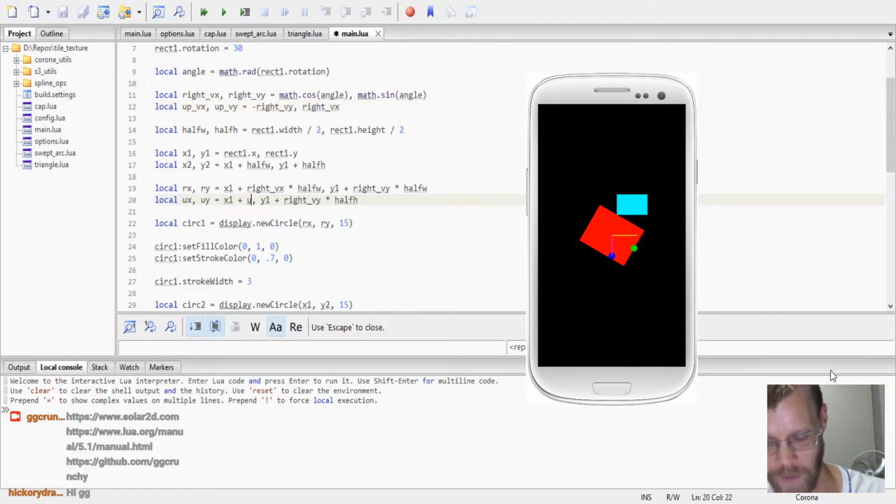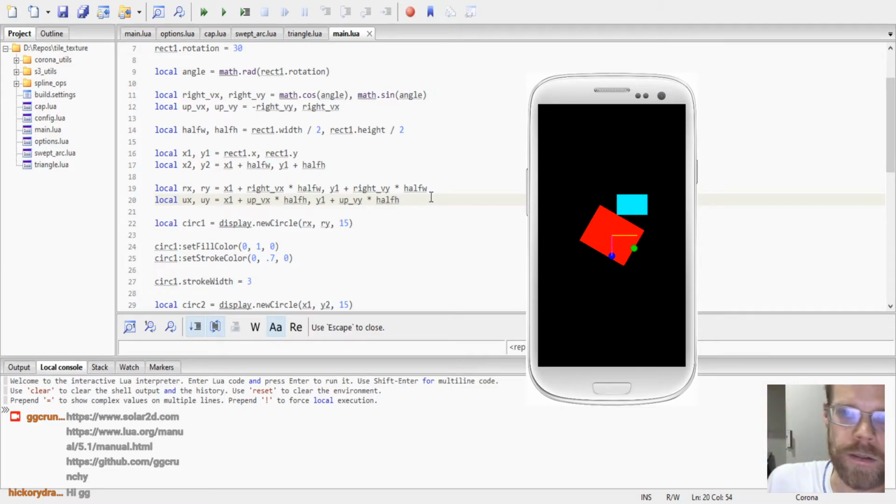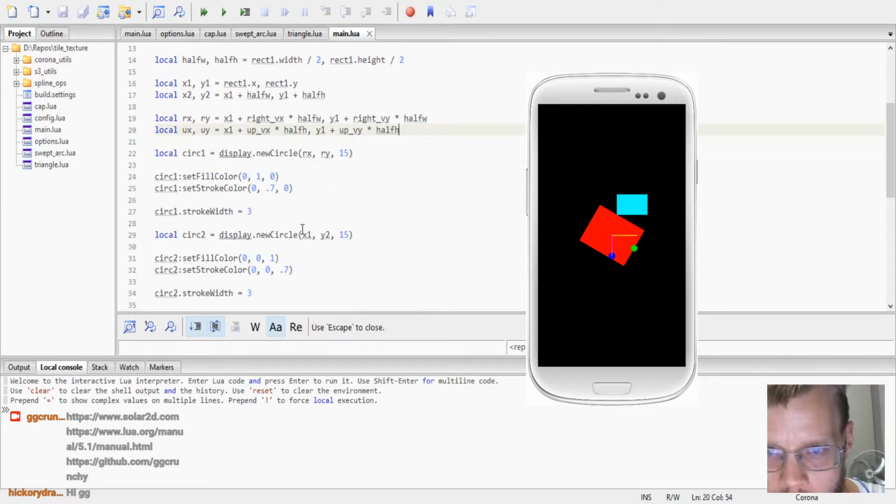And we'll do the same thing for the up dx as we did before. So this will be up times half the height, which I botched. And again, up times half the height. And now we'll put it to use in the second circle.